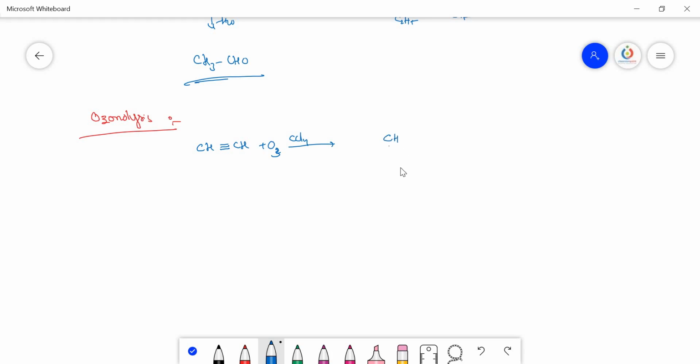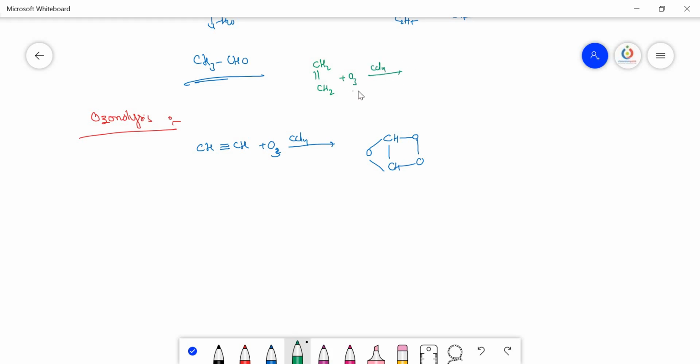The ozonide here is different, and I am going to discuss that part. For alkenes we have already discussed ozonides; I am comparing both of these reactions in the presence of CCl4.